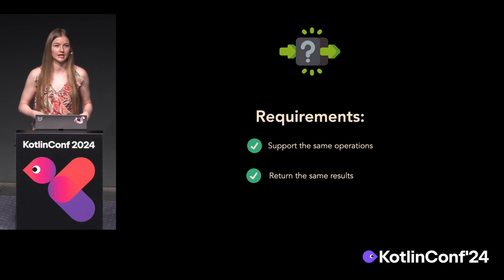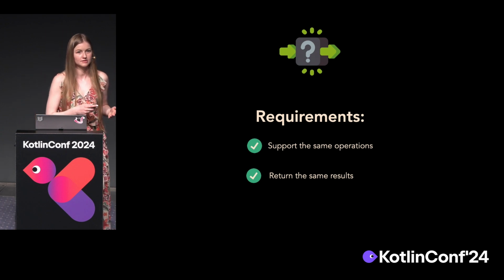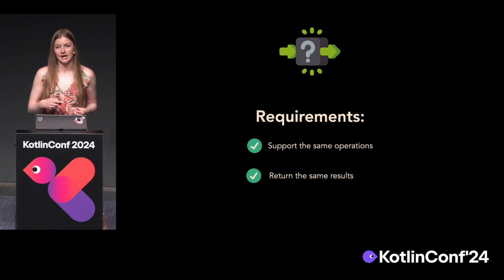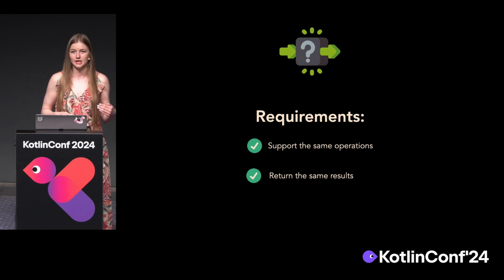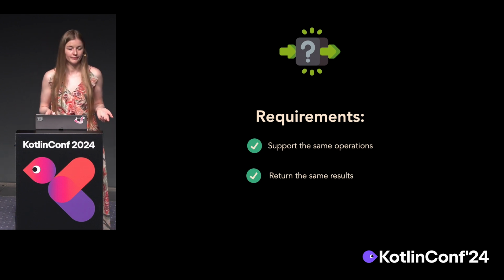And also, if they have some operation and some input, this operation with given input will produce the same results on Android and on iOS. And as we've analyzed different JavaScript engines, we realized that each of them had slightly different capabilities. Also, some of them were not actively maintained.